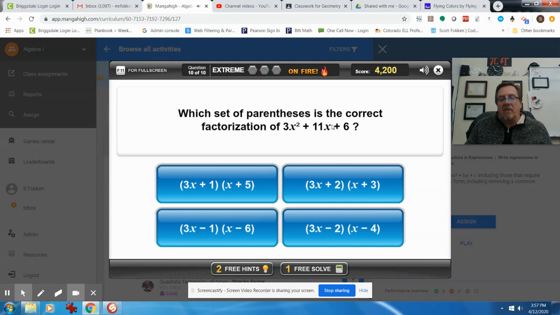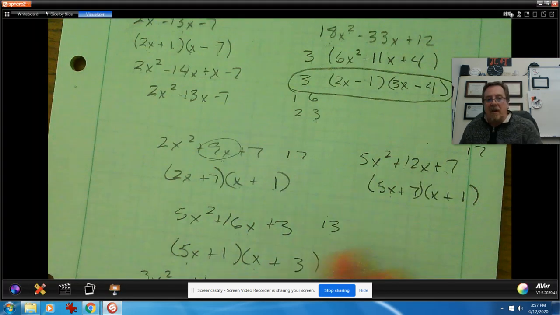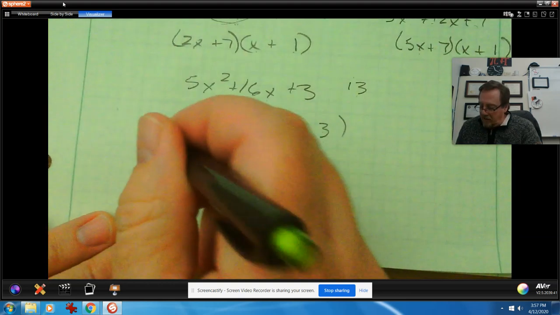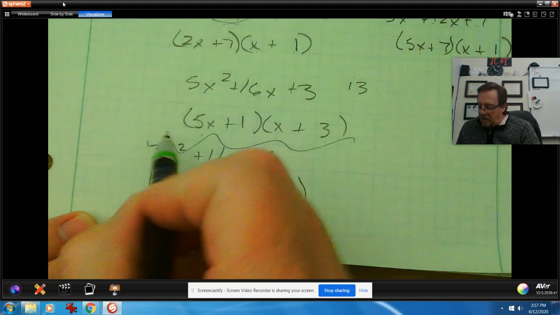Okay, last one that we're going to do. Factorization of 3x squared plus 11x plus 6. Ignore this up here.